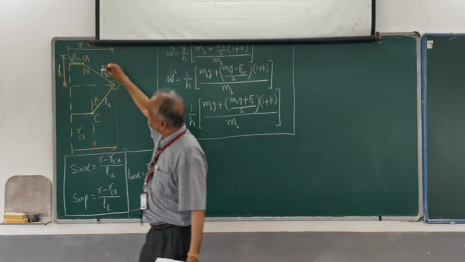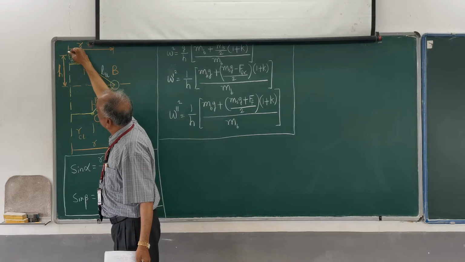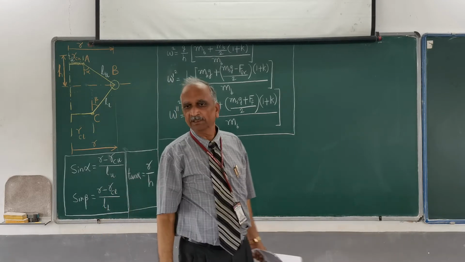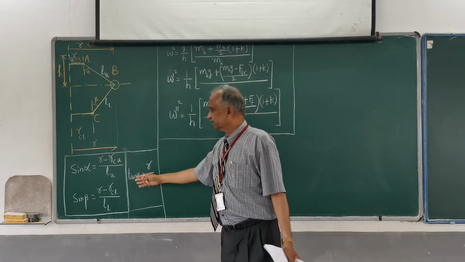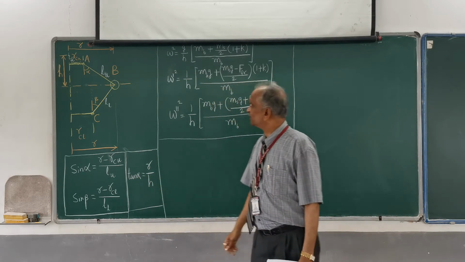And if I extend the upper arm till it intersects the spindle axis, this distance, as you all know, is the height of the governor, and it can be obtained by tan alpha equal to r divided by h.